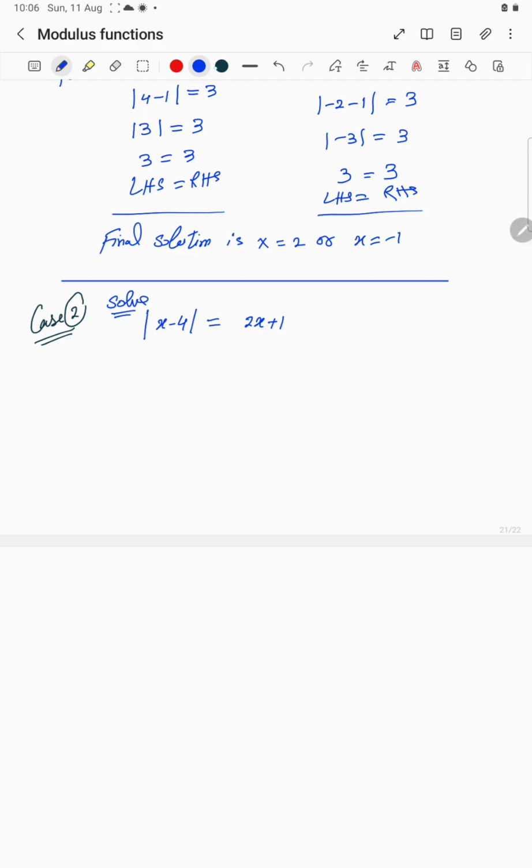As we know, this side is modulus, so it will be plus minus out of modulus, |x minus 4| equal to 2x plus 1. So we have two options: either x minus 4 equal to 2x plus 1, or we have x minus 4 with a minus equal to 2x plus 1.